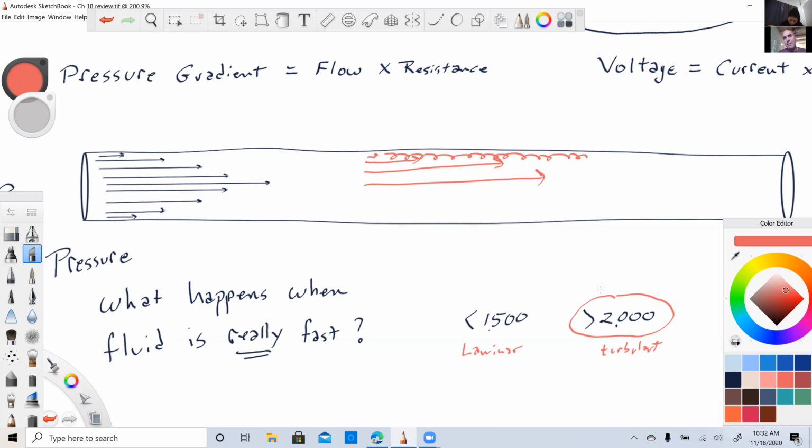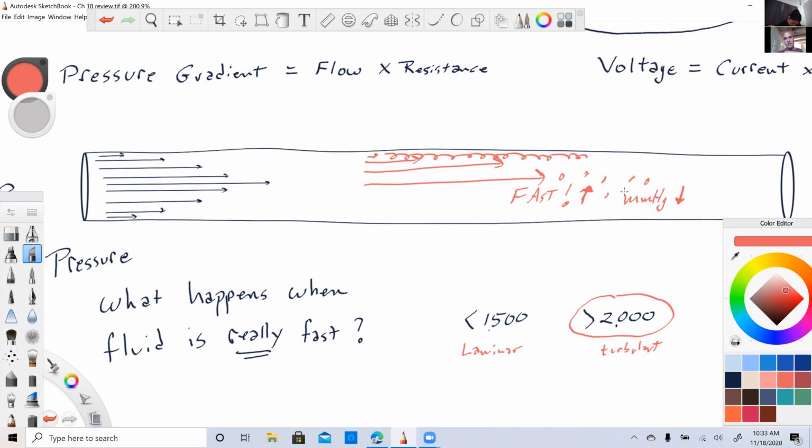And of course, what happens with the other thing with Bernoulli when we travel really, really fast? Put an up arrow. Our pressure goes down, and bubbles can actually start to form.